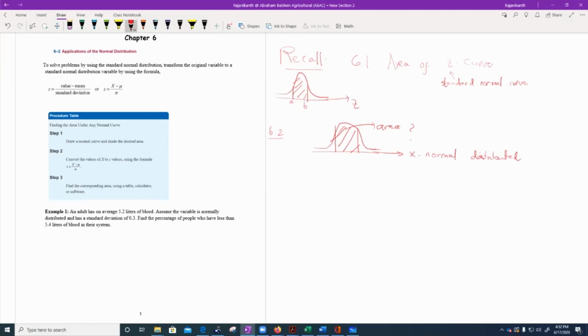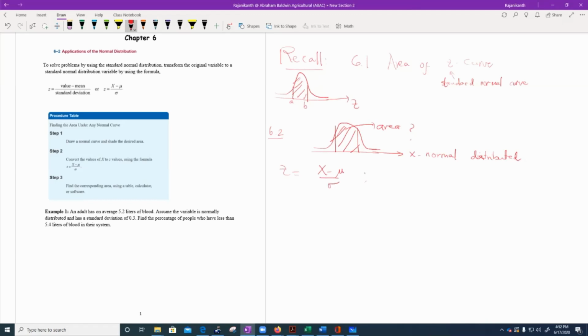Once you have z values, that is a standard normal, then you know how to find the area either by using a calculator or by using a table. Remember, the table will always be for standard normal, not for the normal. So if you want to use the table values, first of all, you need to convert your x values into z values by using the formula z equals x minus mu over sigma.